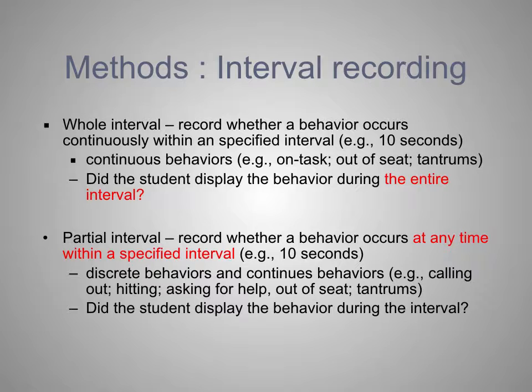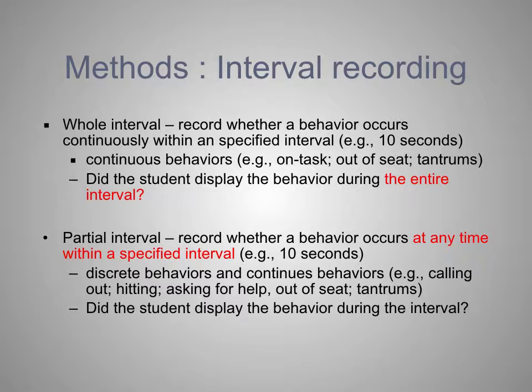Then you will have 6 intervals in each minute for 5 minutes, right? So whole interval, you will see if the behavior continuously occurs within the 10-second interval without any stopping points.